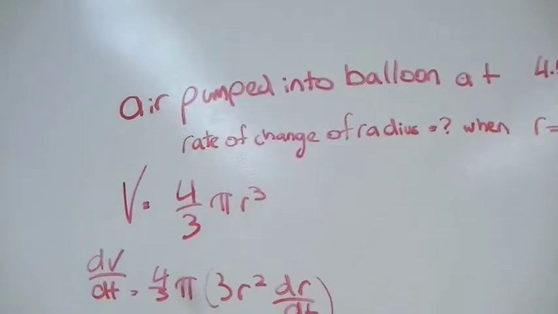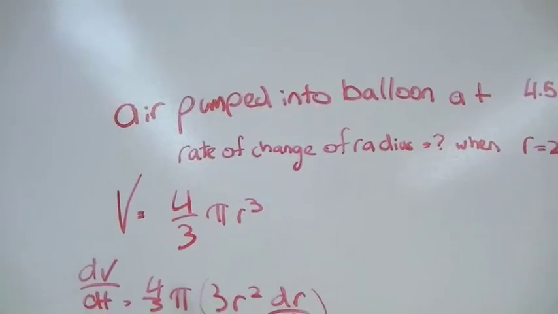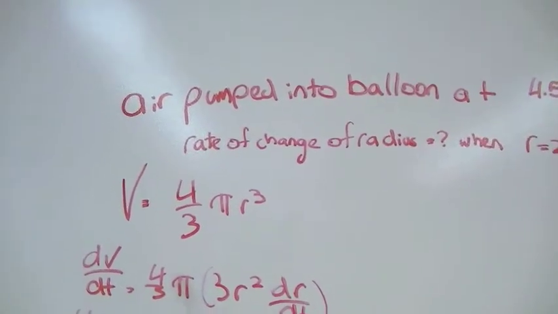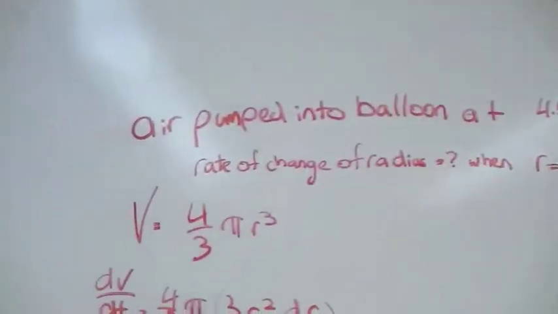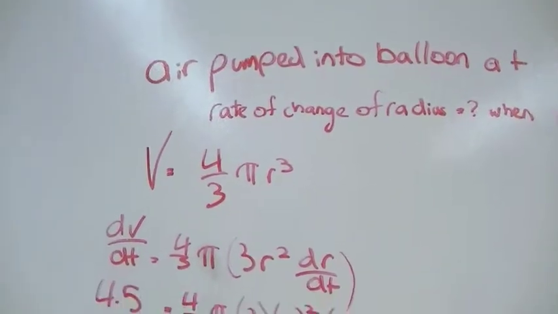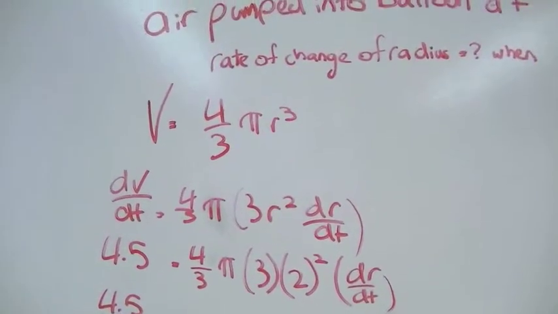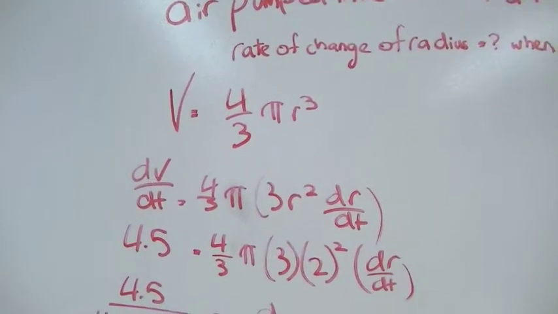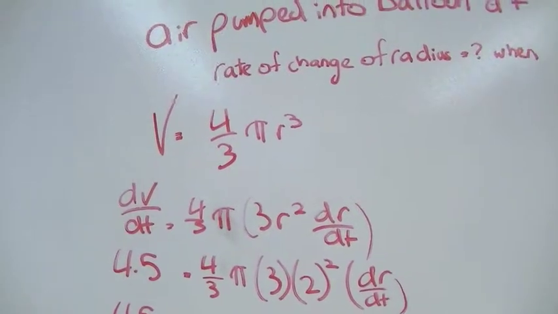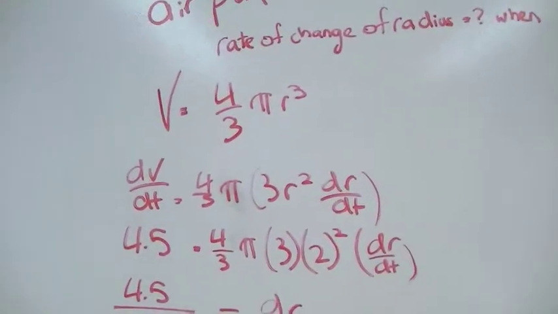To do this, first you need the equation relating volume to radius. So volume equals 4/3 pi r cubed. If we differentiate that, using the chain rule, dV dt equals 4/3 pi times r squared times dr dt.